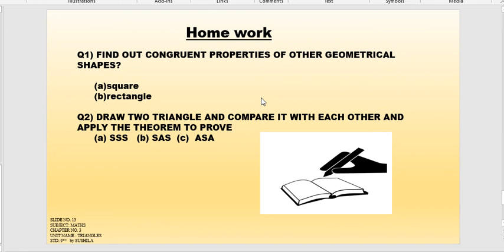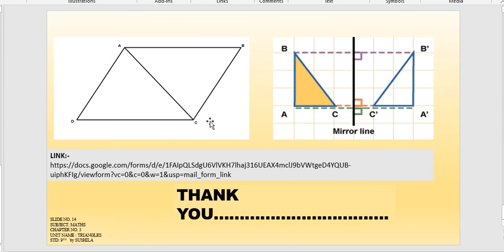You have to draw two triangles, apply all the theorems and prove whether they are congruent or not, right? Now here you can see two pictures on your screen. One picture is a mirror line picture. In front of a mirror, if you are standing and looking at your image, you see the same image.